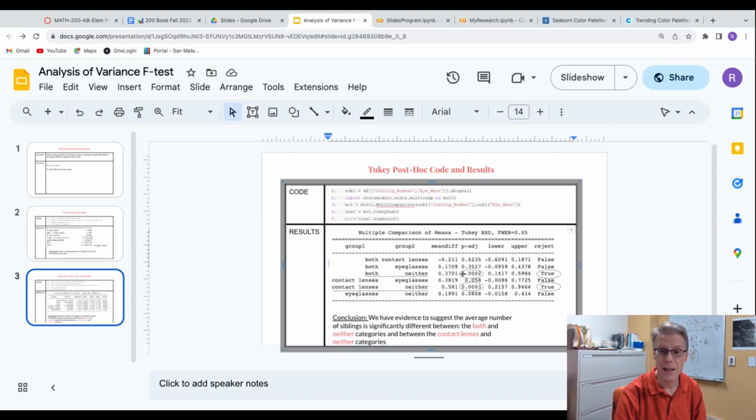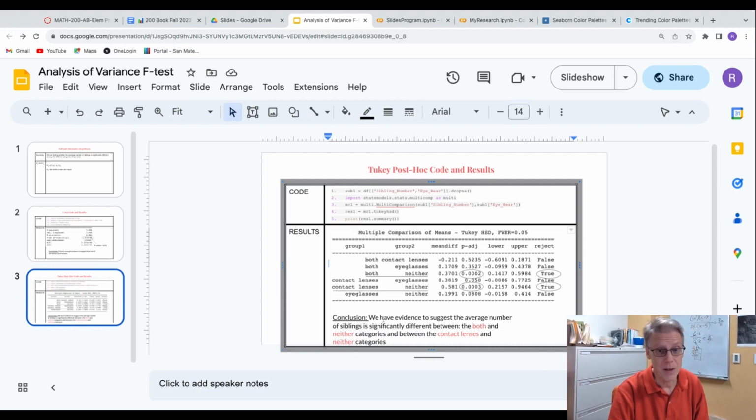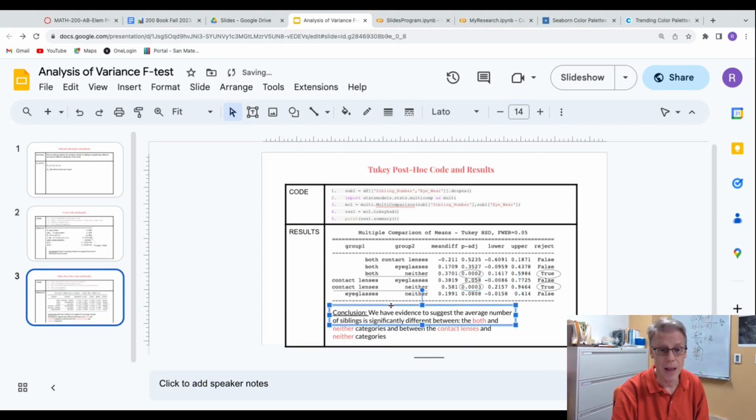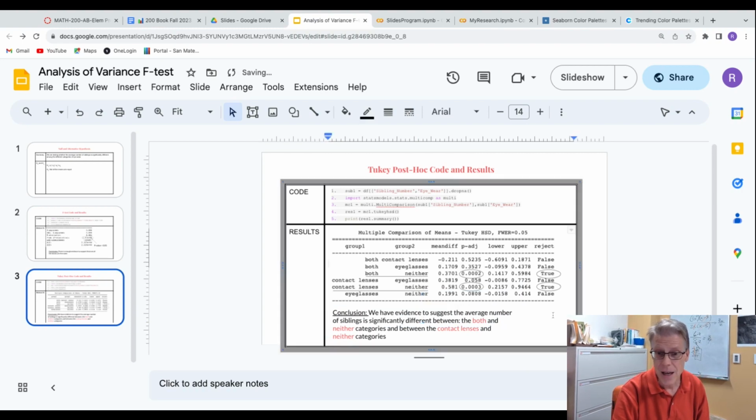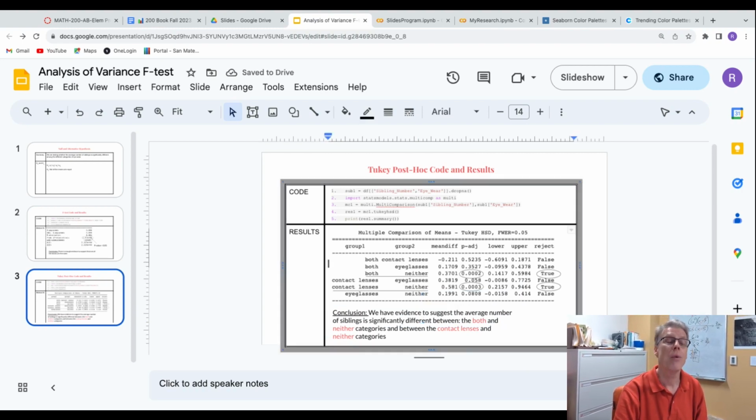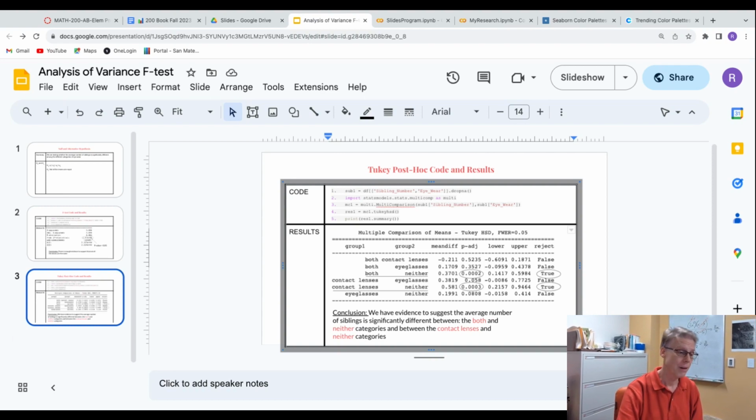Here we are rejecting the null hypothesis, and it might be true still. Just because we're rejecting it, just because we have a low p-value, just means we have evidence enough to reject it, not that we're sure. So I need to be careful with my language. So we have evidence to suggest that the average number of siblings is significantly different between the both and neither categories and between the contact lenses and neither categories. And that's it.